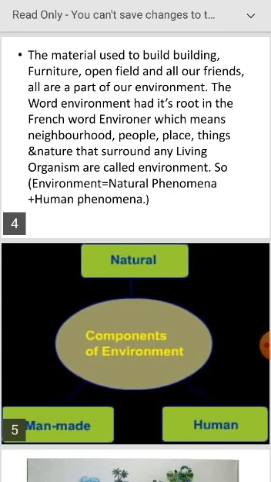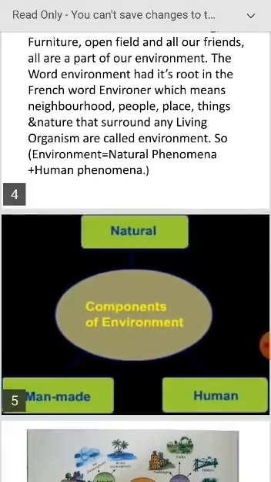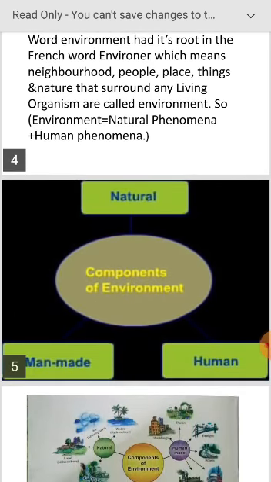The word environment has its root in the French word environnement, which means neighborhood. People, places, things, and nature that surround any living organism are called environment.